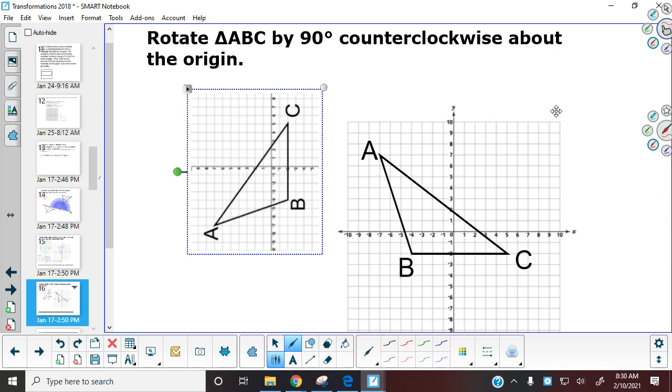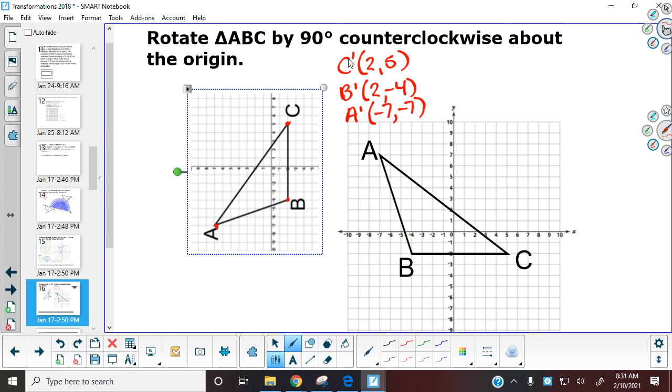And now I'm going to pretend that this new graph there on the left is going to be my new points. So I'm going to take a look. My new C is to the right 2 and up 5. My new B is right 2, down 4. And my new A, if I look all the way over here, is to the left 7, down 7.